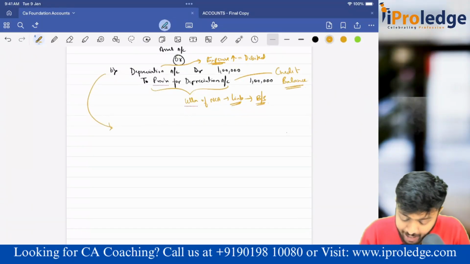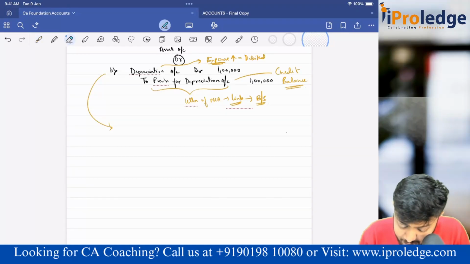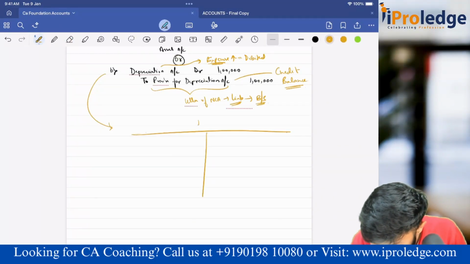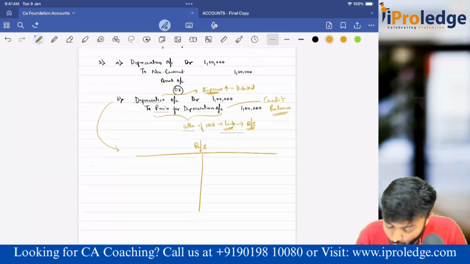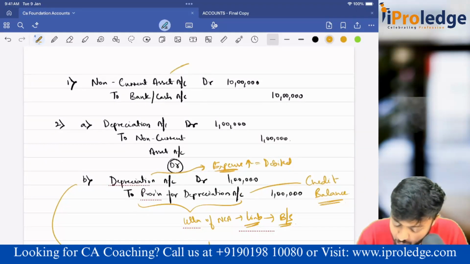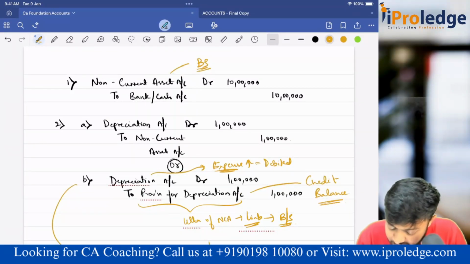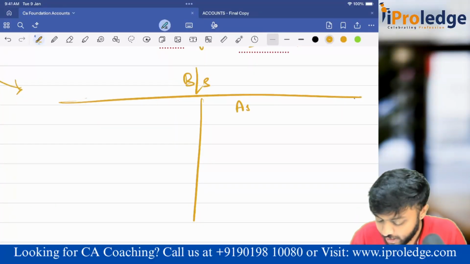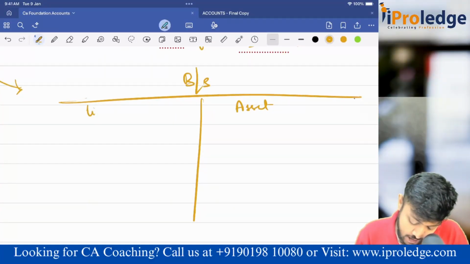In the second method, what will happen is, when actually the balance sheet is prepared, your non-current asset, which will go to the balance sheet, will come on the asset side. I hope you know this is the asset side and this is the liability side.